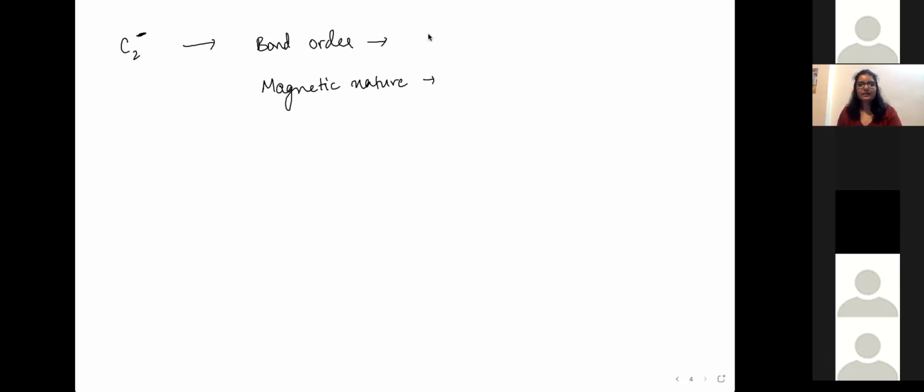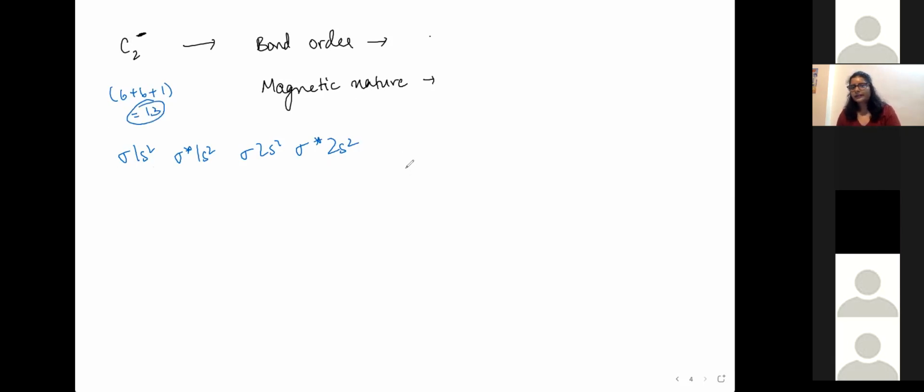Simple, if all the electrons are paired. So suppose you didn't draw the electron energy diagram. Suppose you're just doing sigma 1s2, sigma star 1s2, then sigma 2s2, sigma star 2s2. So far 2 plus 2, 4 plus 2, 6 plus 2, that's 8 electrons. C2 means a total of 6 plus 6 plus 1. So that's 13 electrons. Right?